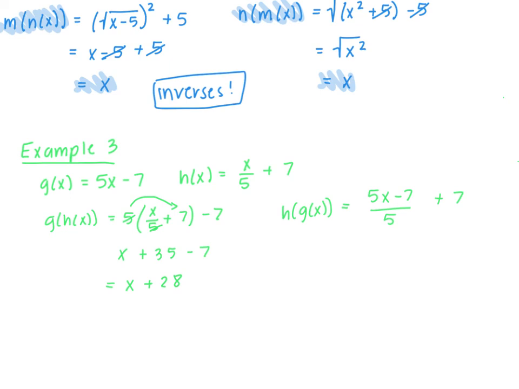We can break this fraction apart into 5x over 5 minus 7 over 5, so that we can cancel out the 5's in the first term, but we're still going to be left with x minus 7/5 plus 7. So this is also not equal to x. So that means that these functions are not inverses.